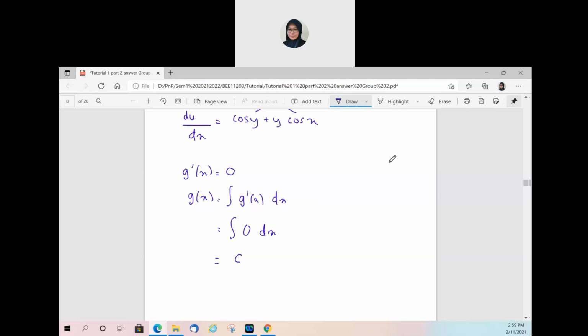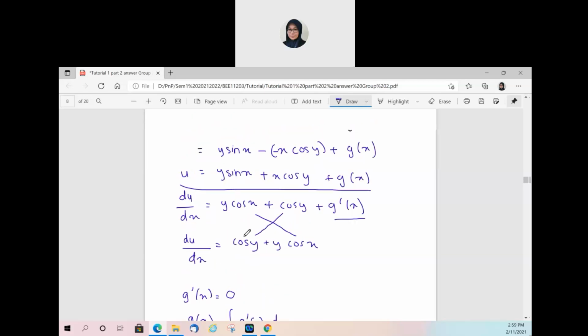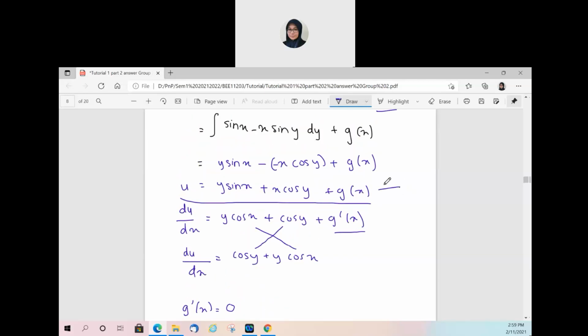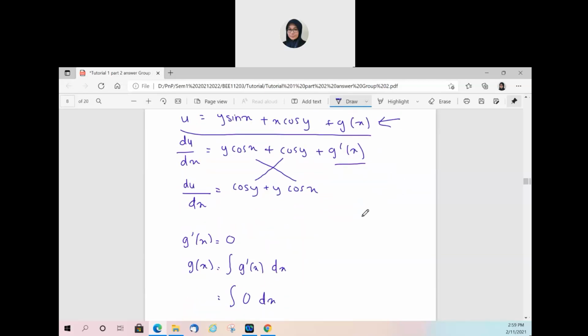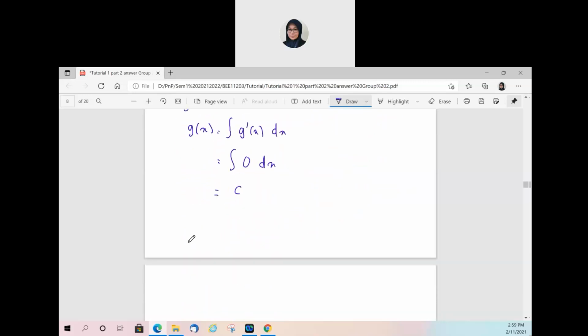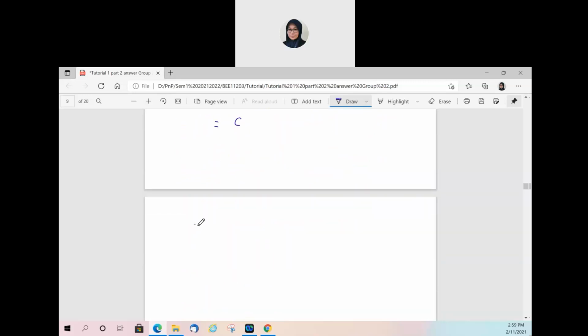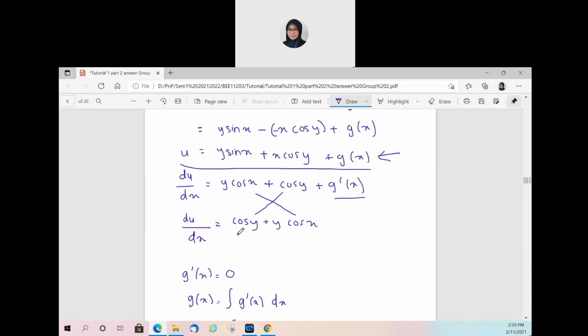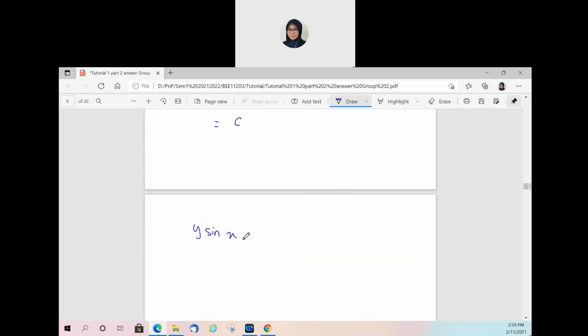Okay, now you replace this C inside these equations. Now you have y sin x plus x cos y plus c equals 0.